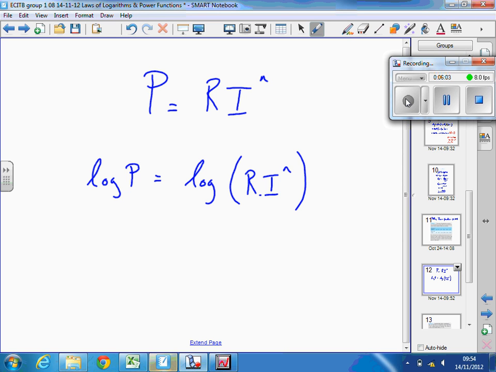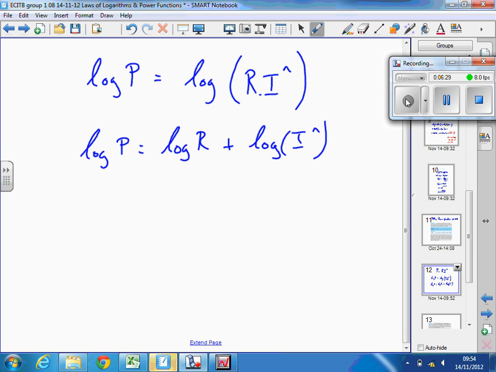I can add the logarithms. So the log P turns out to equal the log of R plus the logarithm of I to the n. So the multiplication becomes addition because we've turned them into powers.